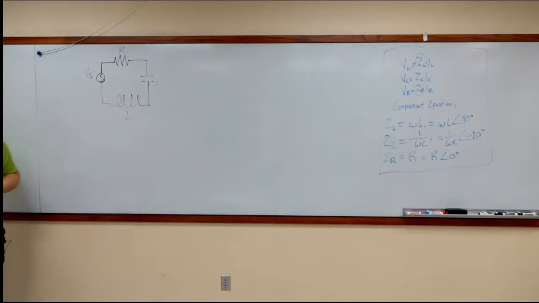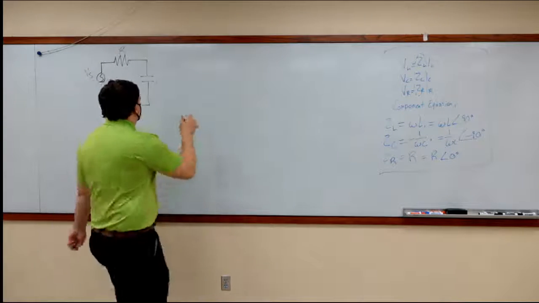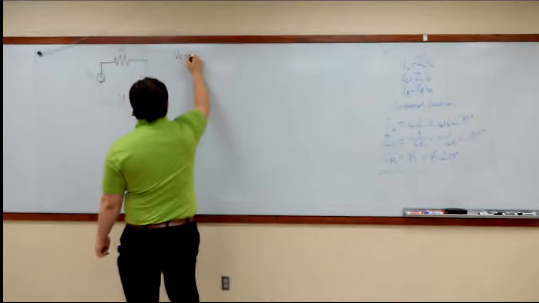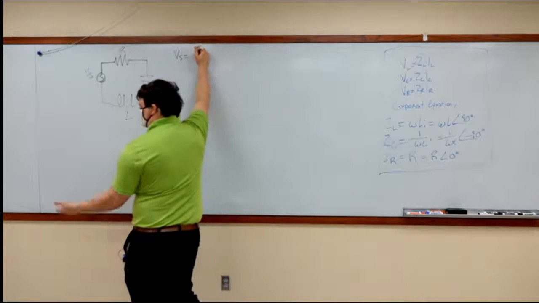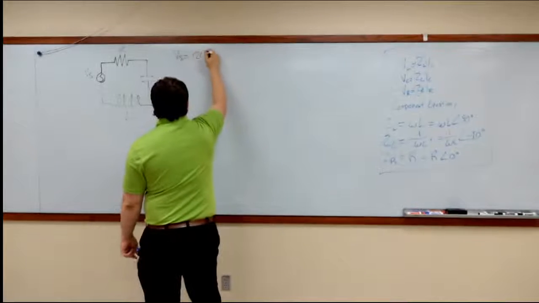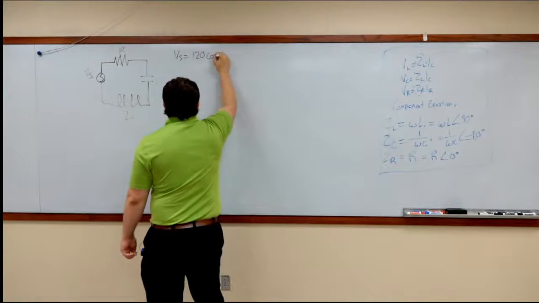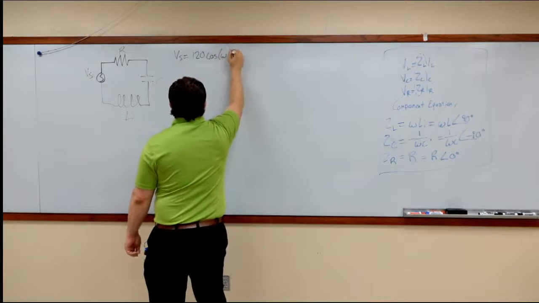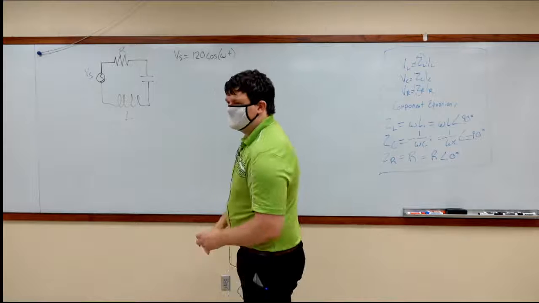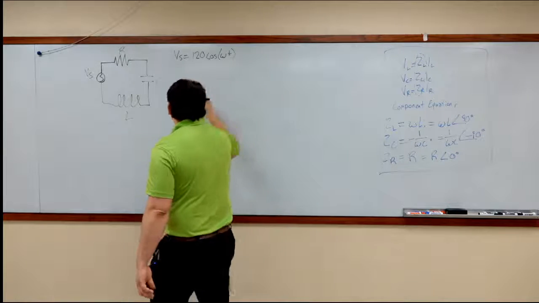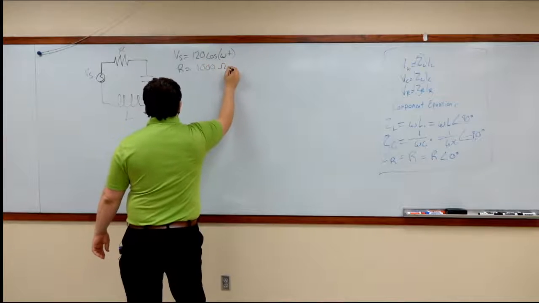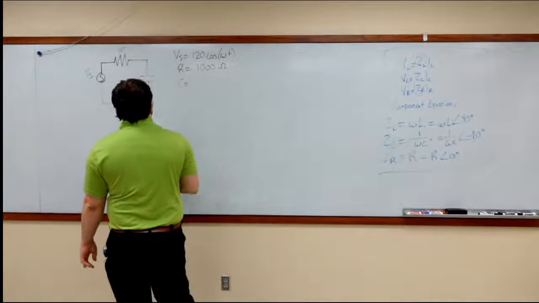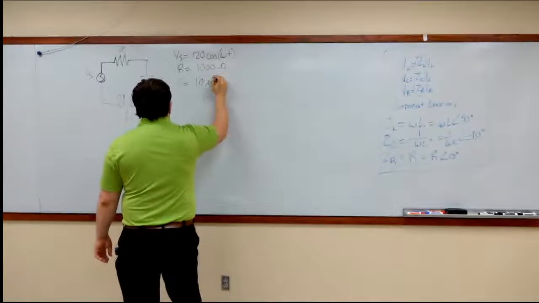Okay, if we want to know Vs is equal to, I don't know, let's do standard outlet. 120 times cosine of omega t. Okay? And we'll say R is equal to 1,000 ohms. We'll say C is equal to 10 microfarads.